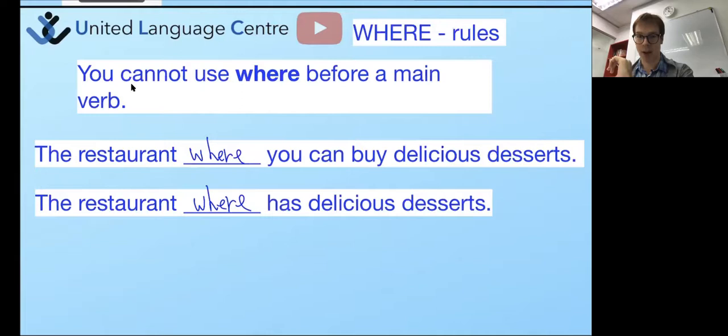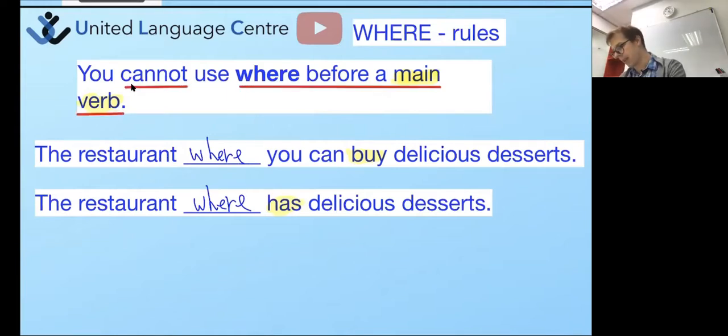What I want you to find is the main verb, our action. At the restaurant, what action are we doing? Here's buy. You can buy, that's a main verb. And then here's the restaurant where has delicious desserts. Here's a main verb. And our rule is you cannot use where before a main verb.